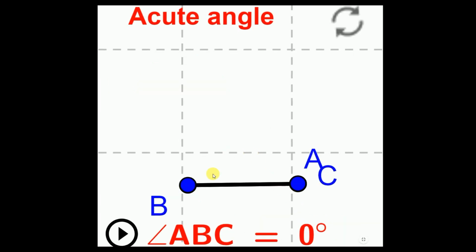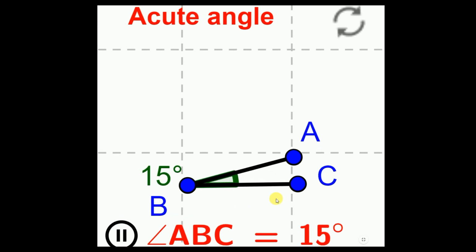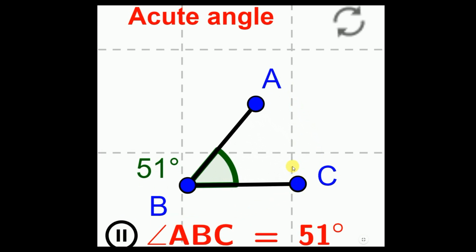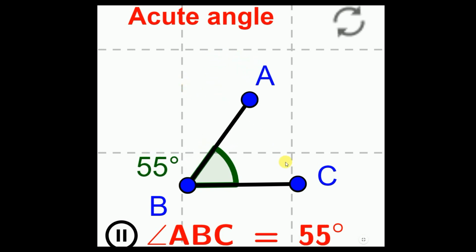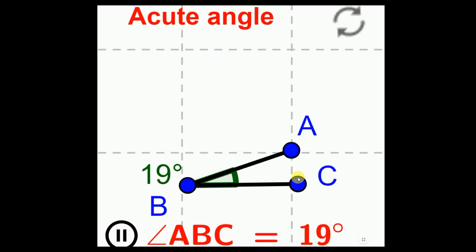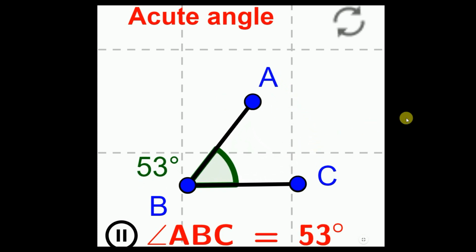So here, an acute angle, if we watch this animation, goes from 1 degree up to 89 degrees. This is an acute angle. These are all possible acute angles.